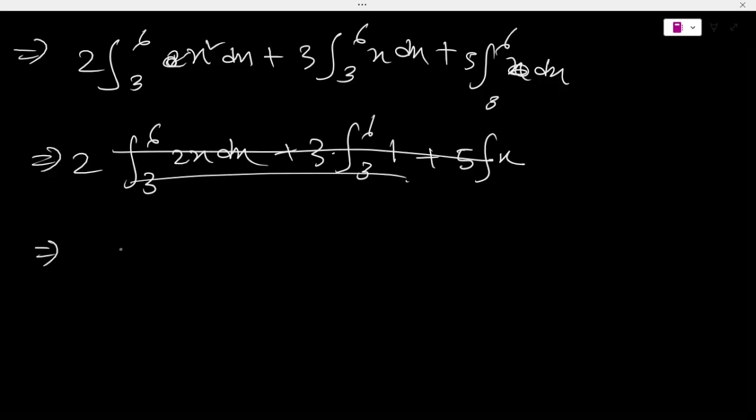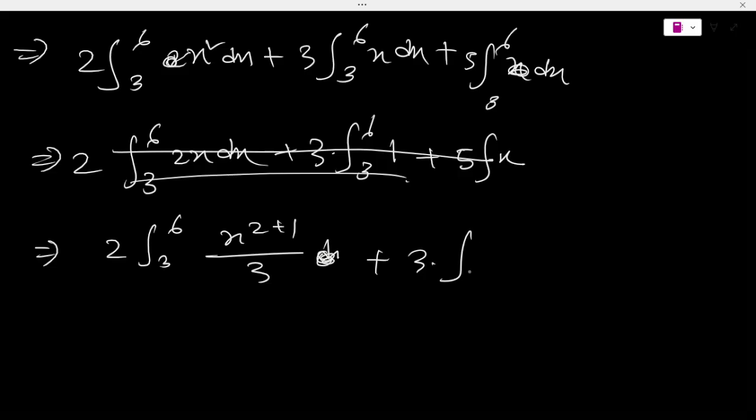So after that it will come out: 2 into 3 is 6, x to the power n plus 1, so 2 plus 1, divided by 3, dx. Plus 3 into, x square by 2, plus, it will be only x, only x.